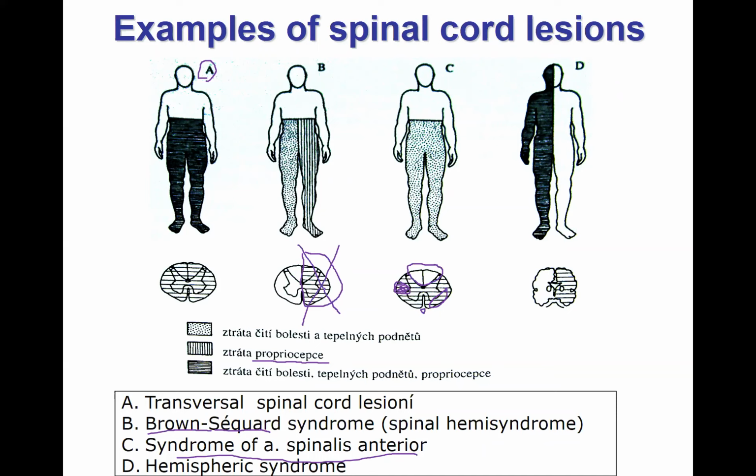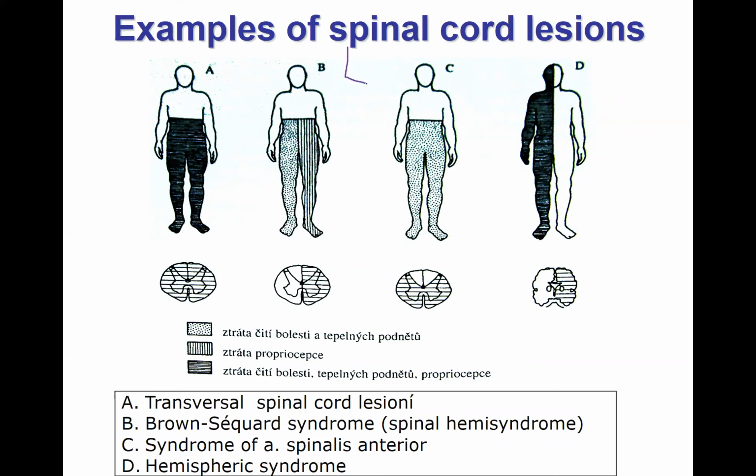So what happens if you transect it here? Which are the problems? Sorry, not well drawn. Now you have to understand which tracts are decussated and where.